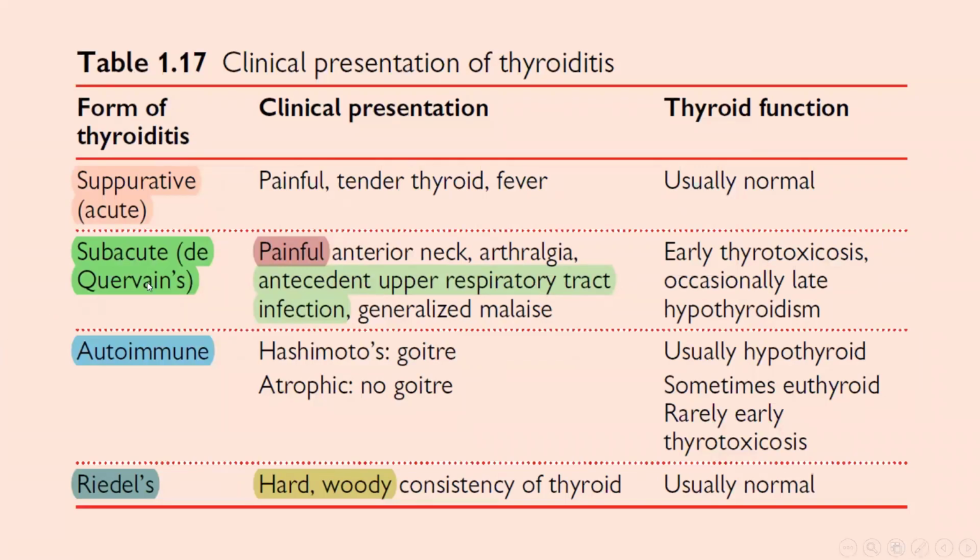And how to manage? Non-steroidal anti-inflammatory drugs. Autoimmune, which is Hashimoto or atrophic, usually the patient is hypothyroid. Some patients are subclinical hypothyroid and rarely present only with thyrotoxicosis for a transient time. Riedel thyroiditis, this is a hard, woody consistency of the thyroid, and usually the thyroid function test is normal.